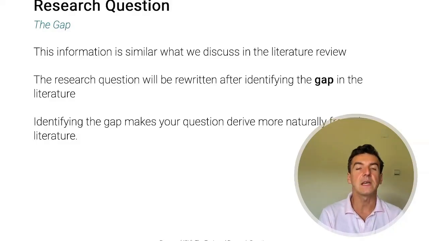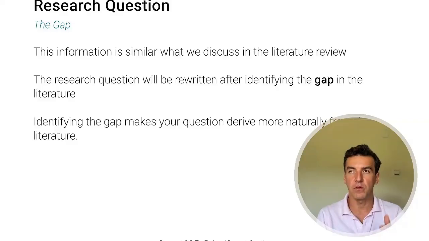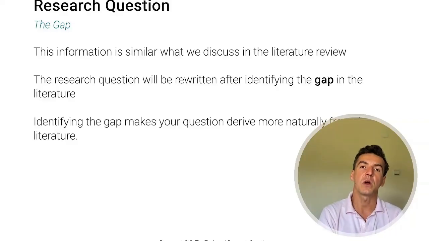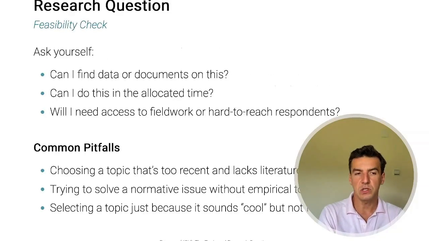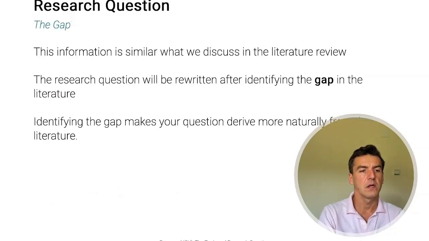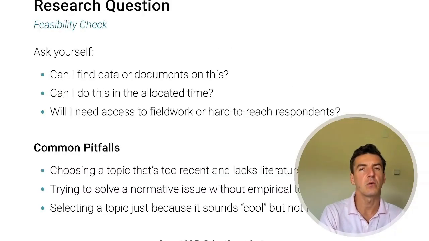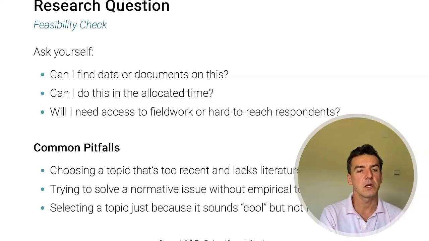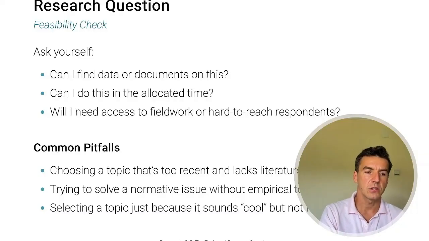It's important to think about what the gap in the literature could be because the transition or the flow between the research question and the literature review will become much more obvious. This is just a short comment on the gaps, and this is something that we'll have to think about as we progress in writing the article.